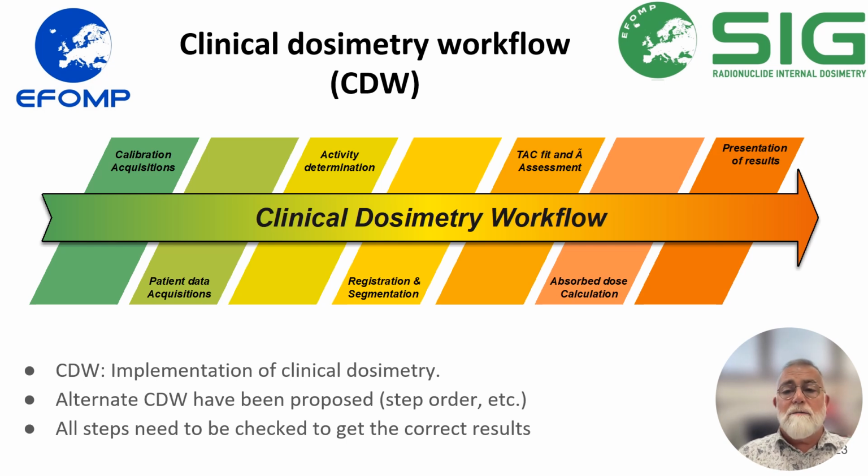So, as we're reaching the end of that presentation, you have a clinical dosimetry workflow. It's made of different steps. What I have presented here is what I could call the conventional clinical dosimetry workflow with activity, registration, segmentation, time activity curve fitting, absorbed dose calculation, and results. There may be alternate clinical dosimetry workflow. For example, you may perform the absorbed dose rate calculation first and then integrate absorbed dose rate in time.